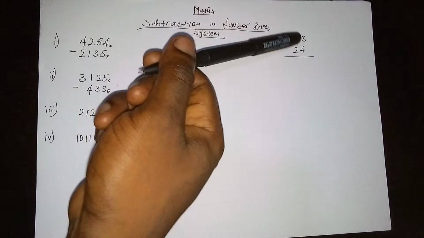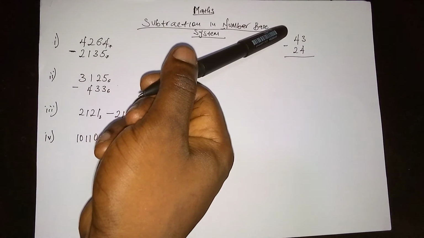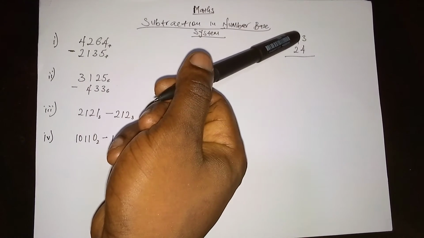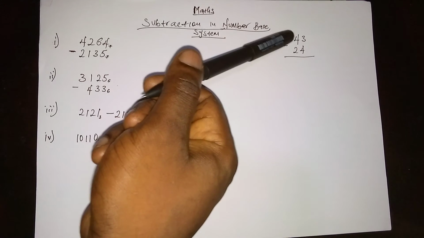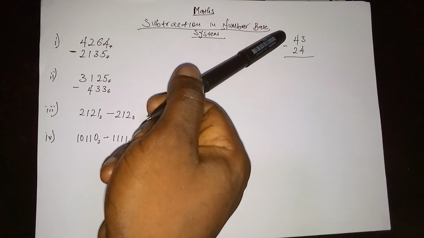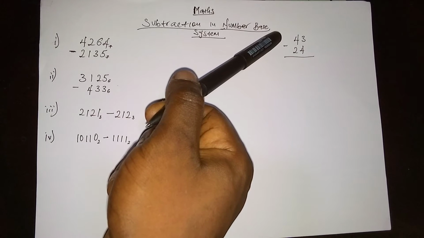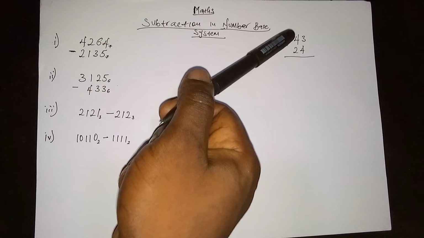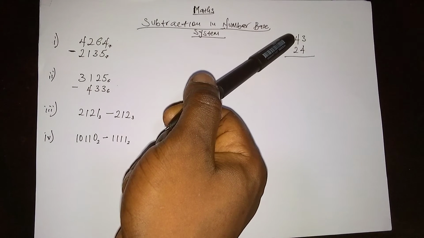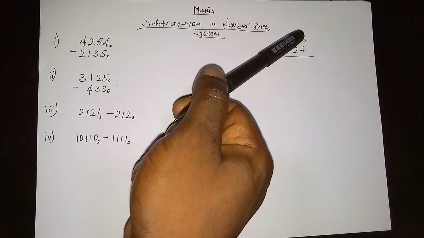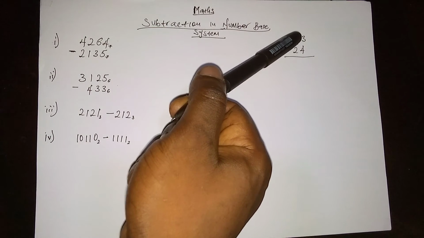So from an average student, when you ask 3 minus 4 in this type of setting, they will say it cannot go, or they will say it's impossible. Then you have to borrow 1 from here, then add to the 3, and we'll have 13.